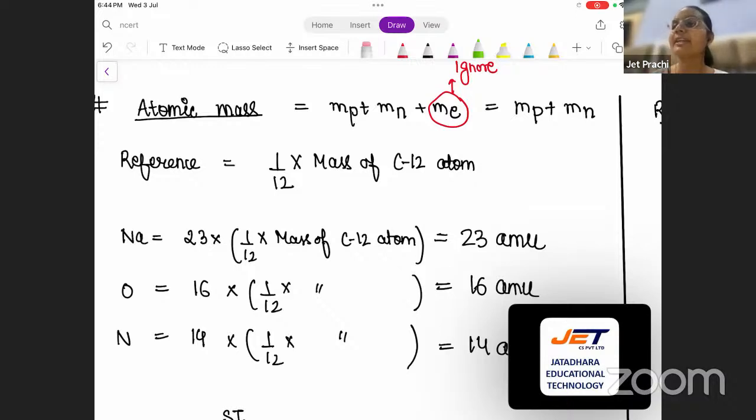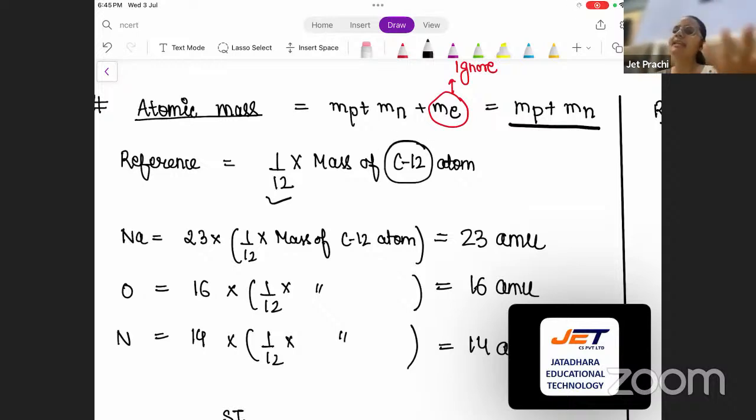So the mass of an atom will be the sum of the mass of the proton and neutron. And in the starting, what was taken as the reference for measuring the mass? The reference that was taken was 1 by 12 into the mass of 1 carbon-12 atom.